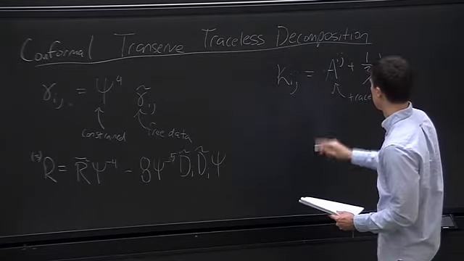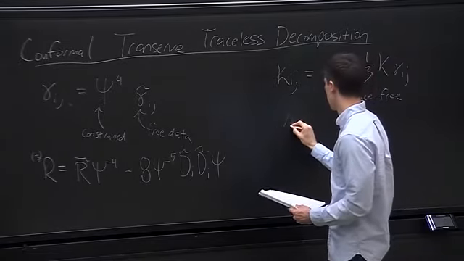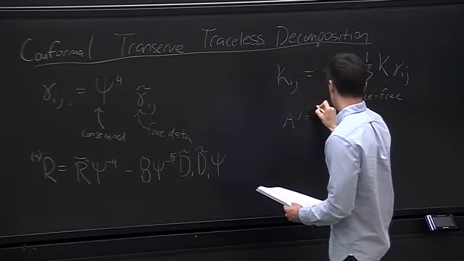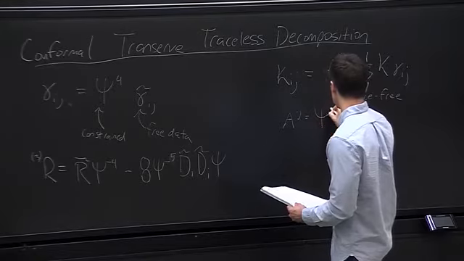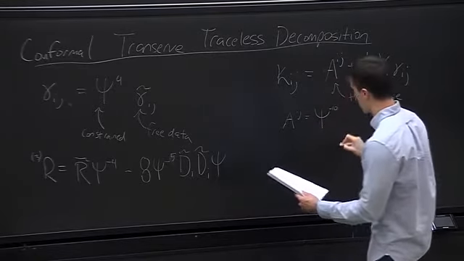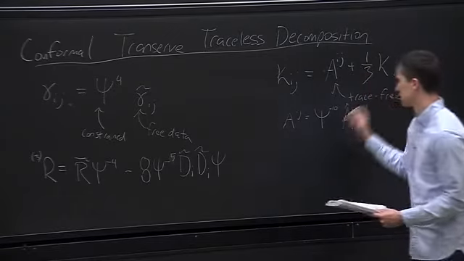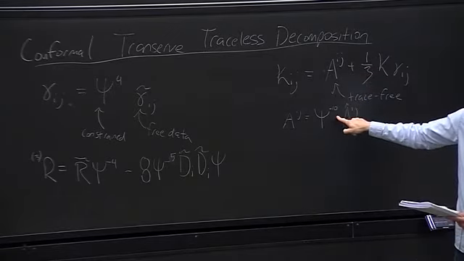And then this quantity, we'll find that we want to conformally rescale it to make our life easier by the following power. We'll see in just a second why we chose 10 here.